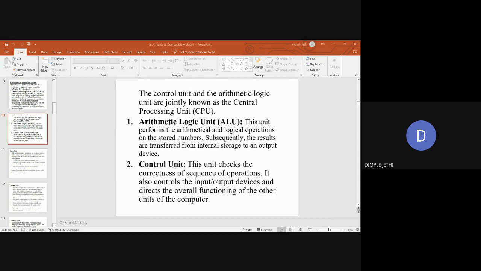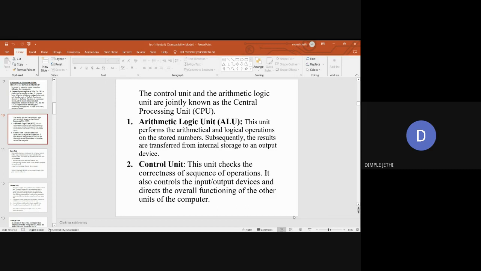Right? And now what is the second part? That is CU, control unit. Control unit controls all the input and output operations. It does a kind of supervision role, right?